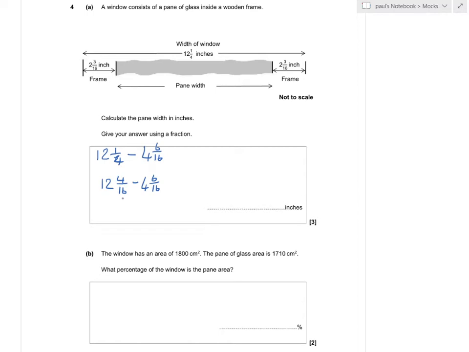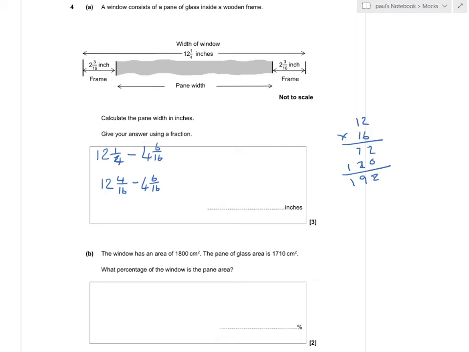We're going to change these into top heavies, I suppose, because the 4 is smaller than the 6. What's 12 times 16? 2 6s are 12. So we got 192.